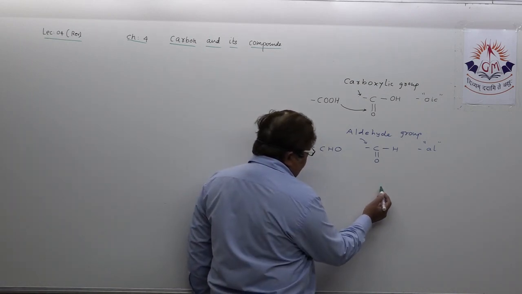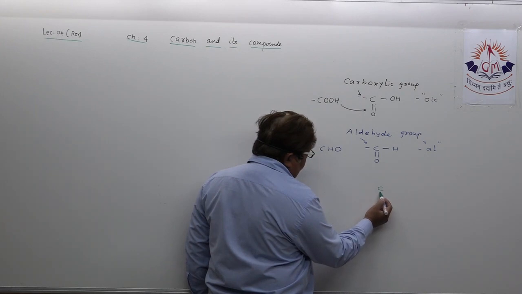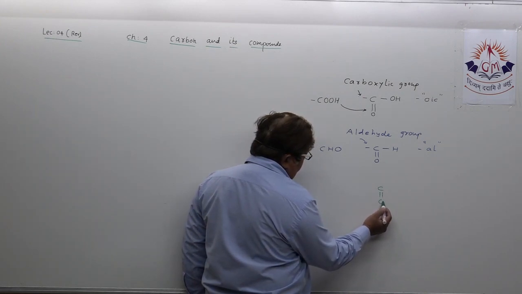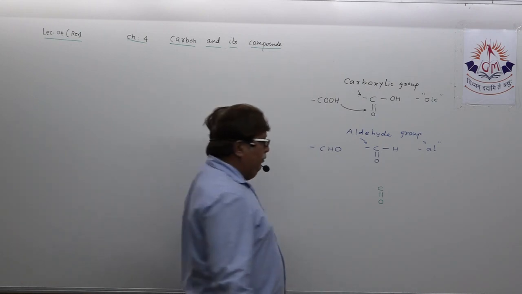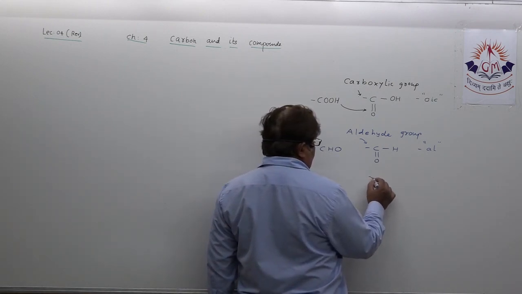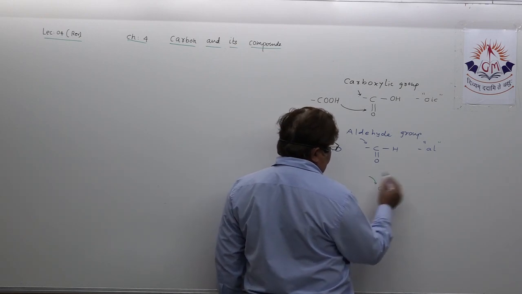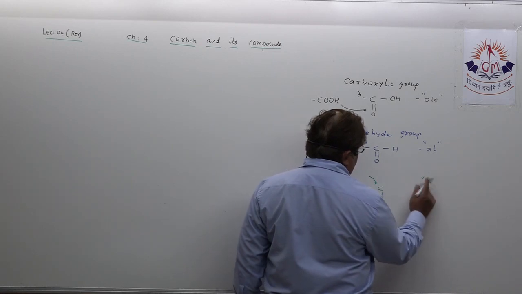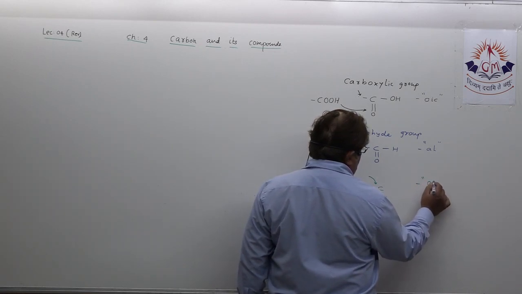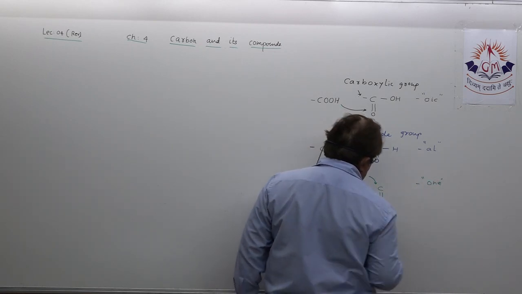The third one, as you all know, is CO. You all know it very well, right? For this, you all know the suffix very well: it is one.